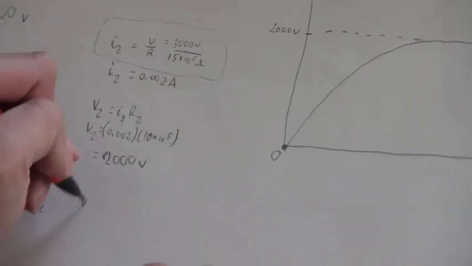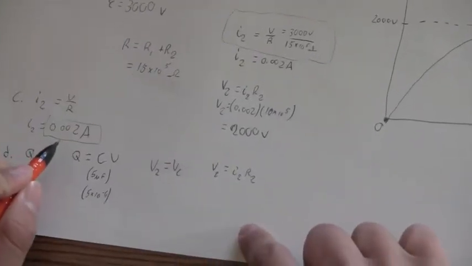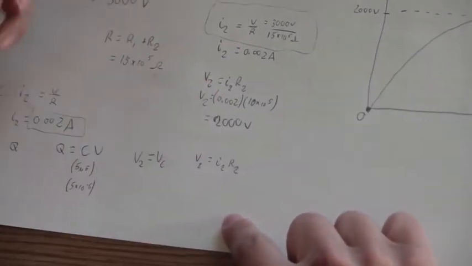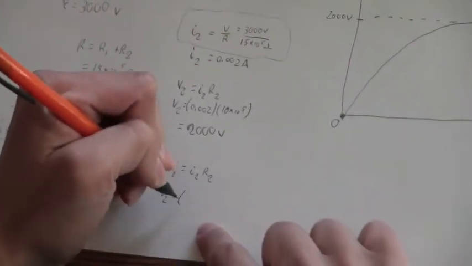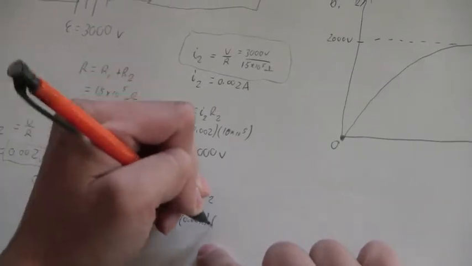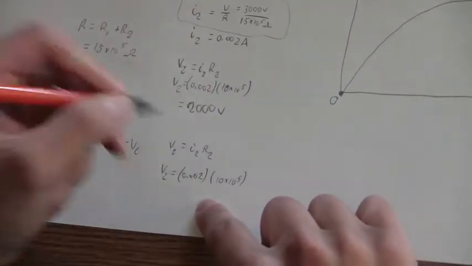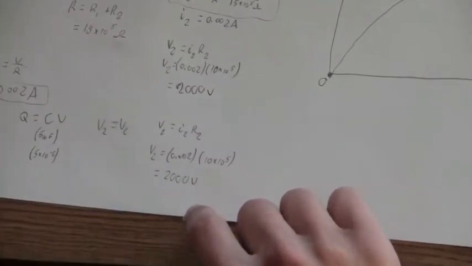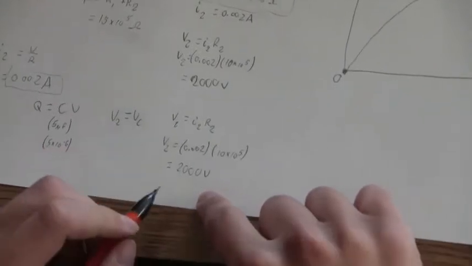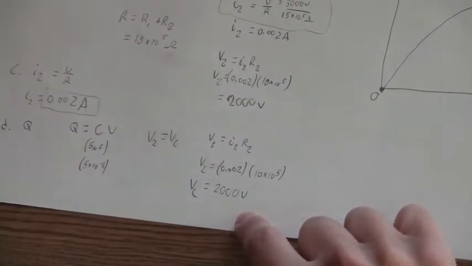V2 is equal to I2 R2, which is 0.002 amps times 10 times 10 to the 5th ohms, which is equal to 2000 volts. And this 2000 volts is also VC, because V2 equals VC.